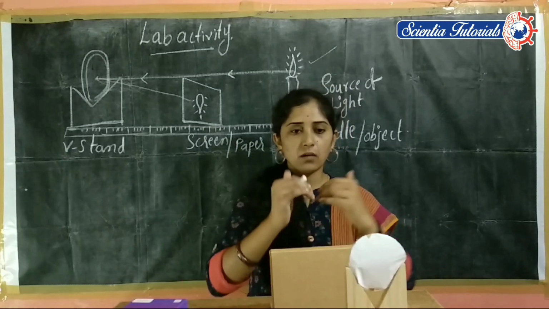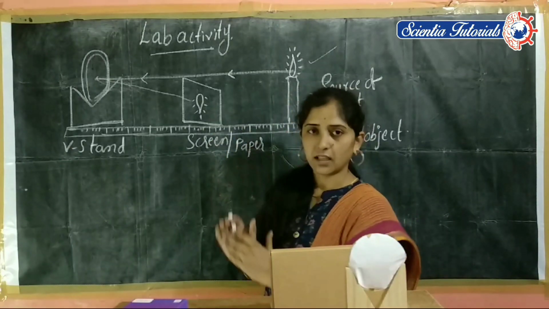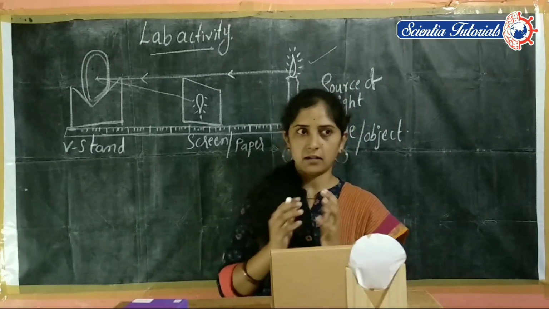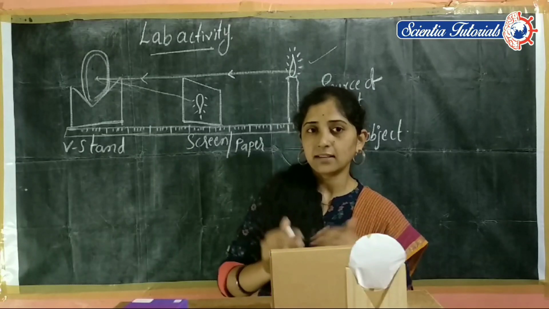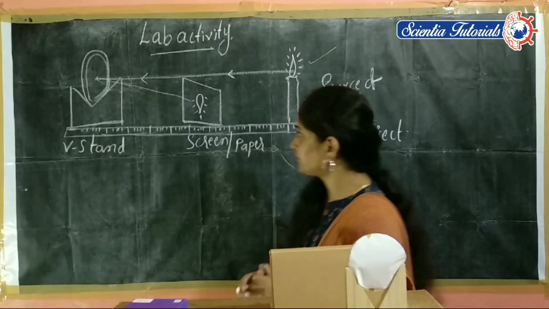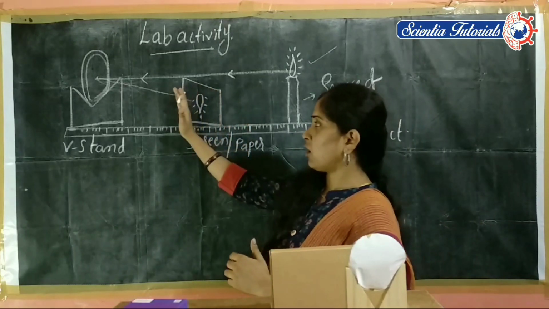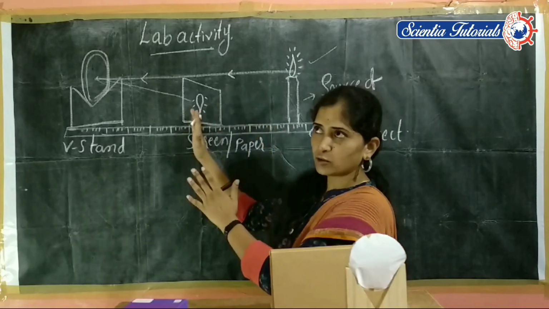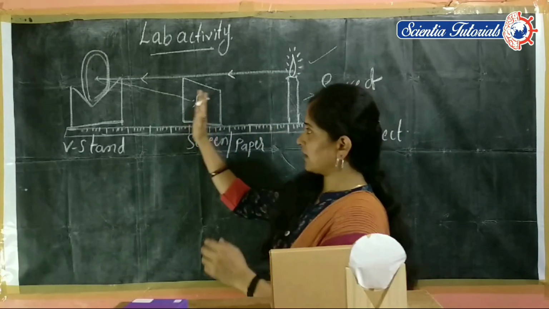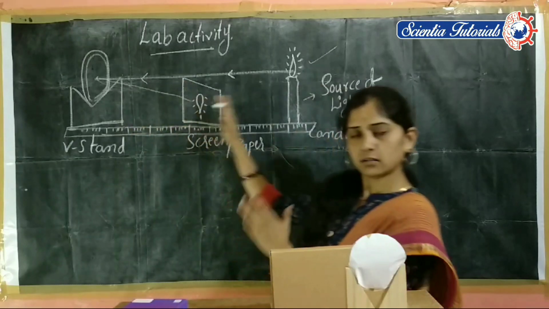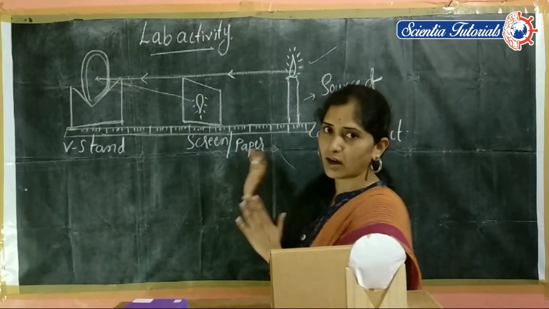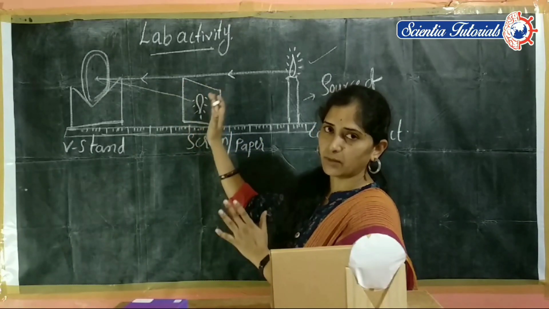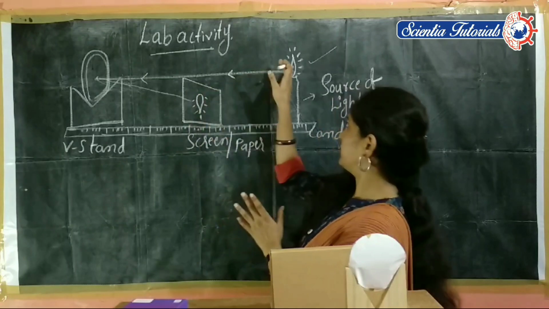When we arrange the screen, we first get a somewhat blurred, somewhat smaller, and more intense image. How far do we have to move the screen, near to the mirror or away from it? We arrange the screen until we get the correct, proper image of the candle.